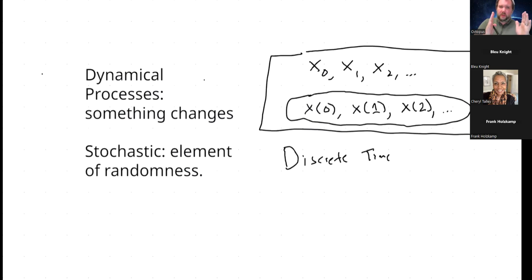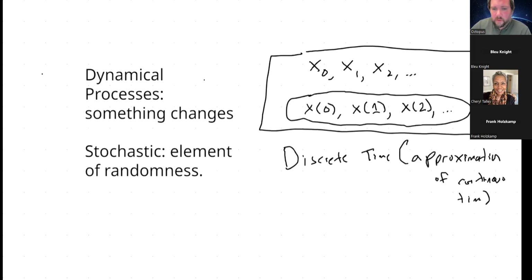And then we start to think about the snapshots that we're taking as being closer and closer, an approximation of continuous time. So we're going to have a discrete time, and this is going to be a difference equation, which is a special type of discrete time dynamical system.